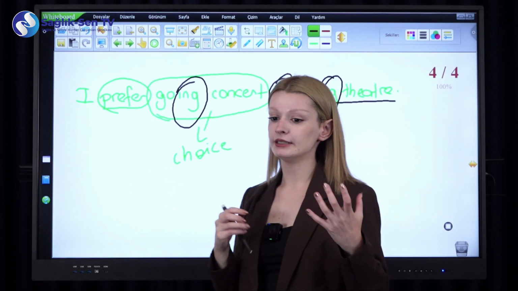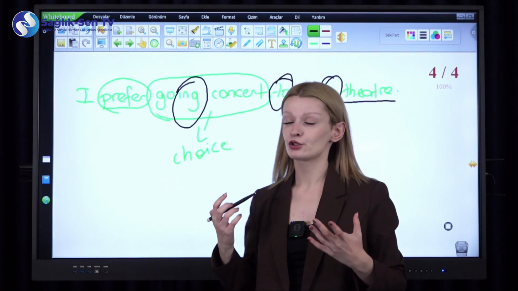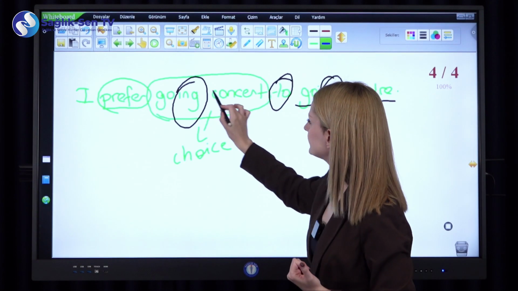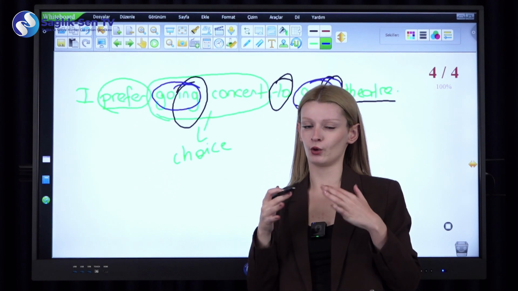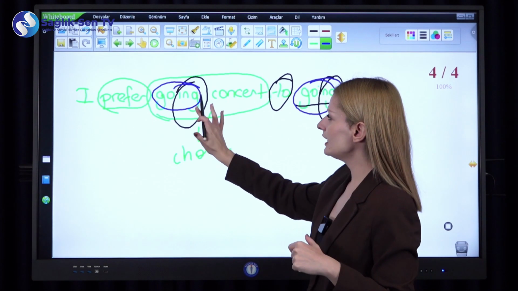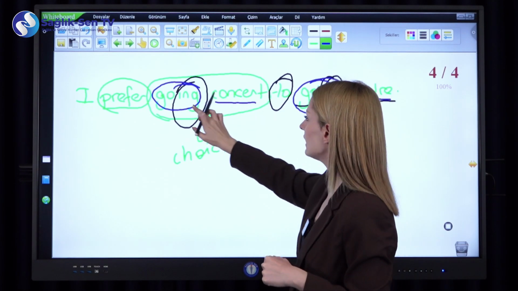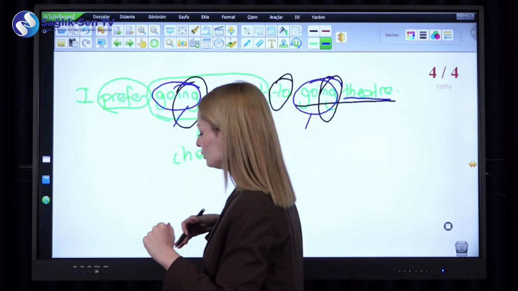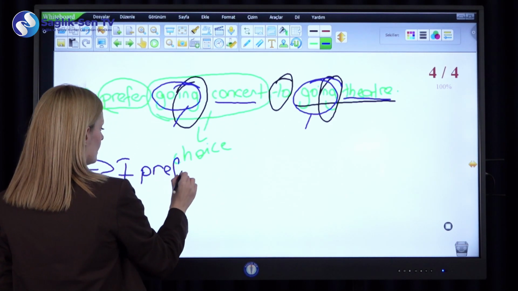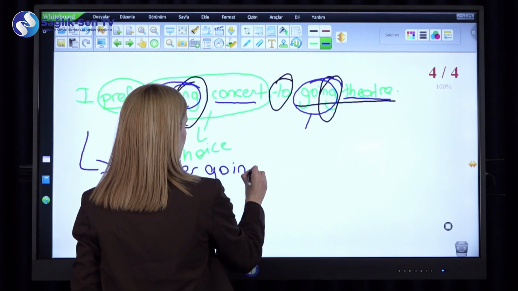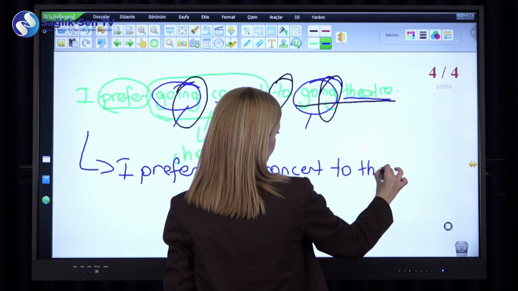But, for example, as in this example, we can have two same verb ing, or it doesn't matter. And when we have something like that, when we're comparing objects but not verbs, I can also write this sentence like this. I prefer going to concerts to theater.